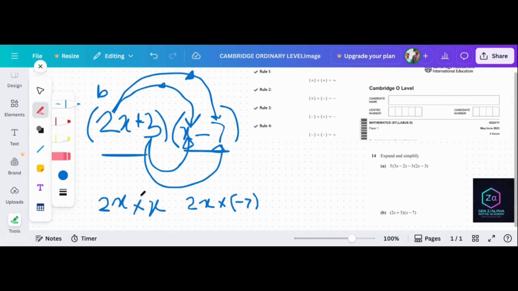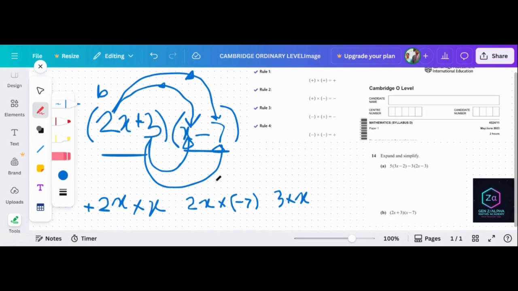Always, a number or digit without a sign is considered a positive number. So we are moving to the second round: 3 into x, it is also plus, all are plus, right? 3 into x.